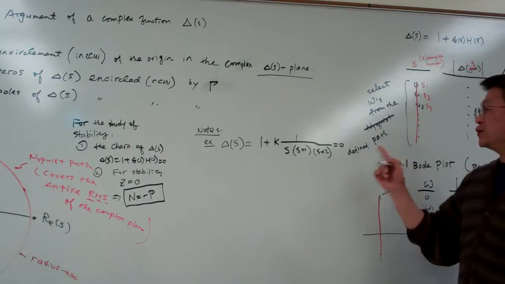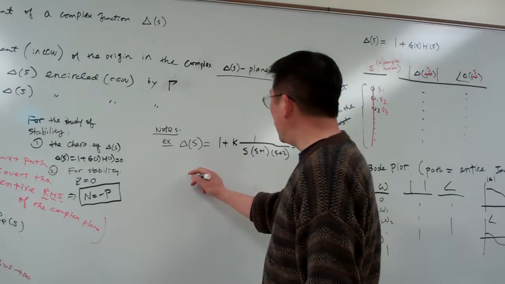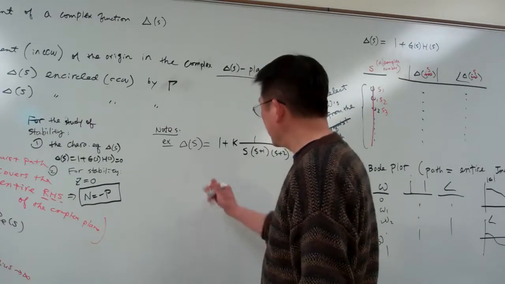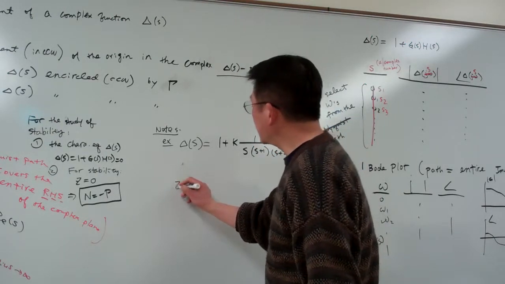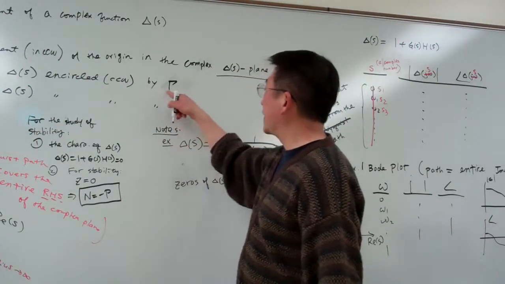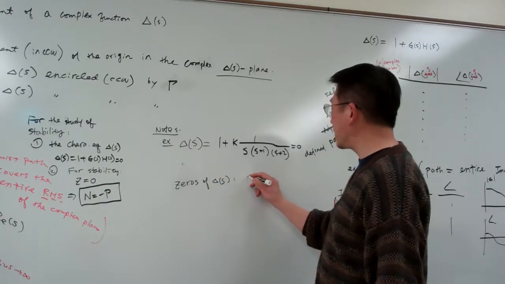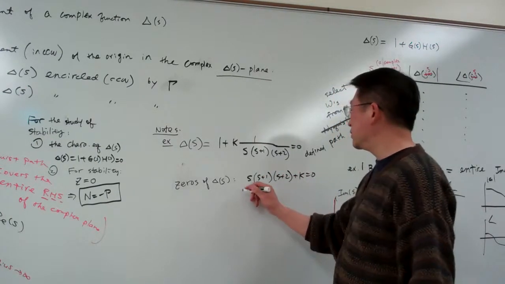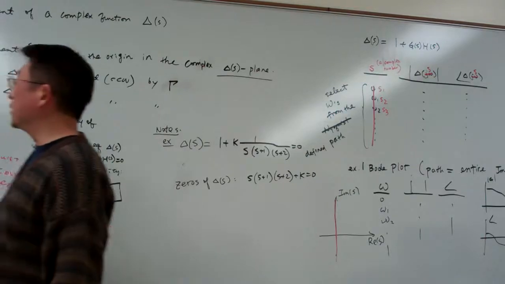If this is the characteristic equation, then from here you can determine the zeros of delta S encircled by this path. Basically the zeros of delta S are simply determined by S, S plus 1, S plus 2, plus K equal to 0. You simply find the roots, and those will be the zeros.